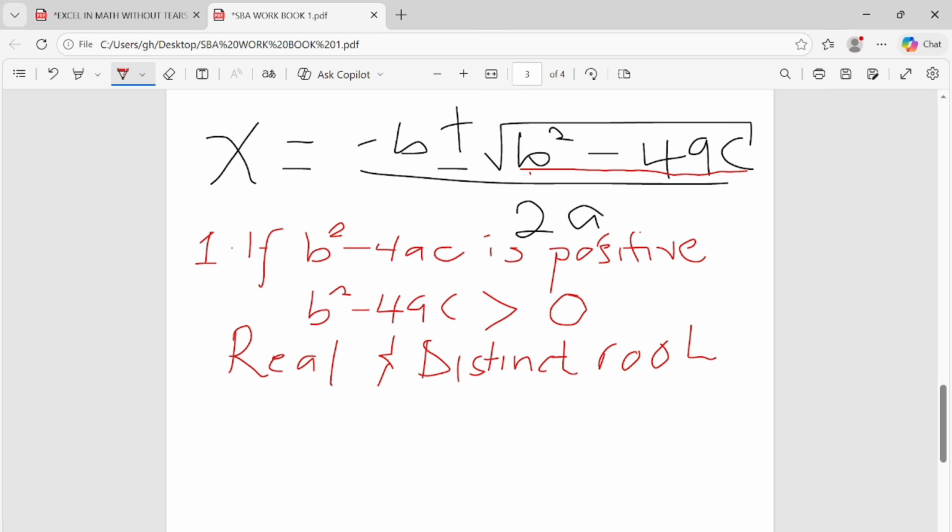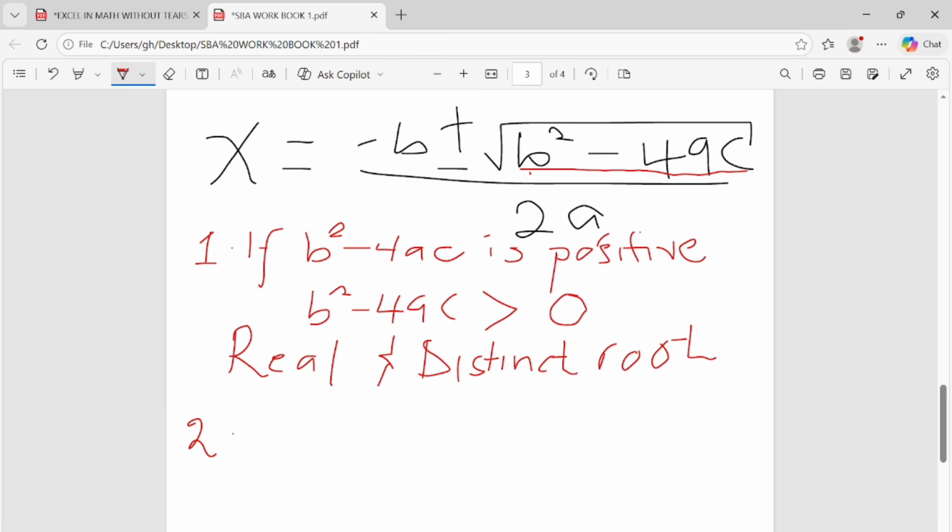For example, if you solve a quadratic equation and you get answers like 1 and 2, or maybe -2, two answers that are real and different, that's when we call them real and distinct roots. That comes about when b squared minus 4ac is greater than 0, or positive. Then scenario number 2.